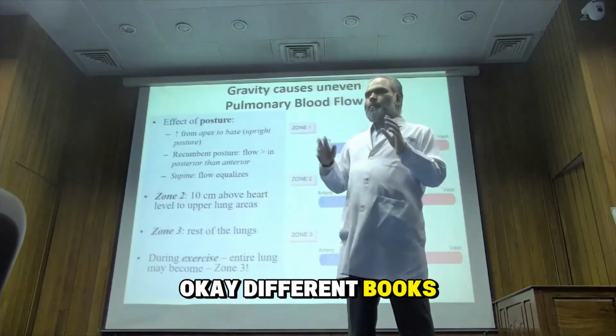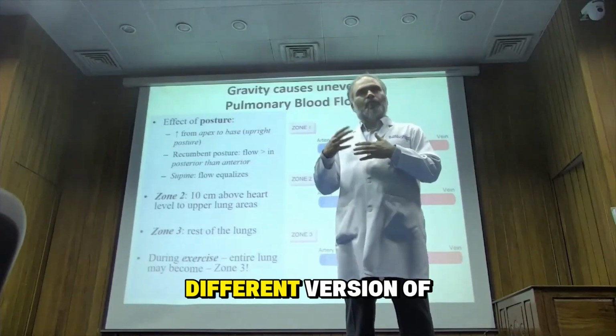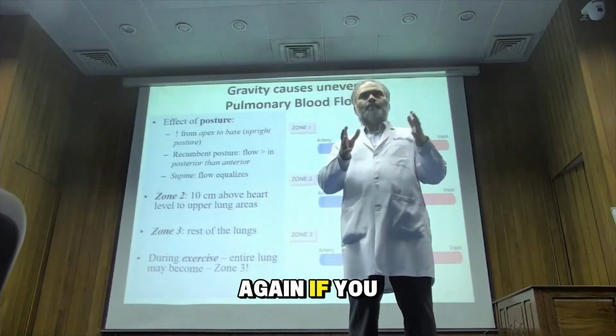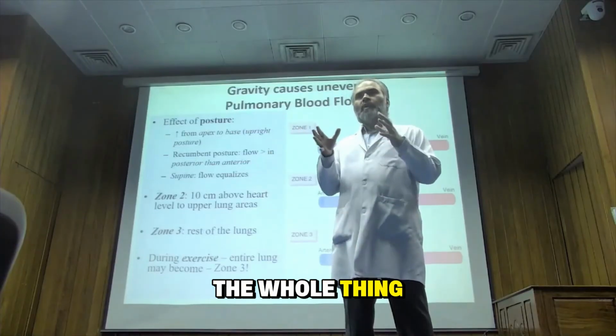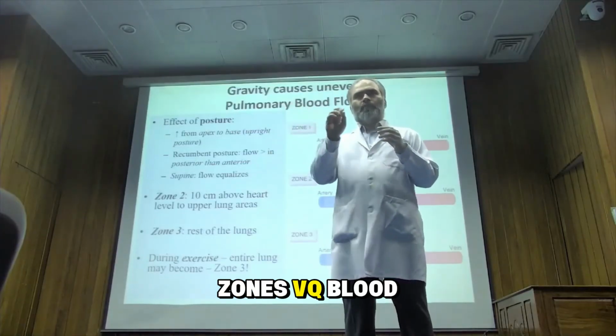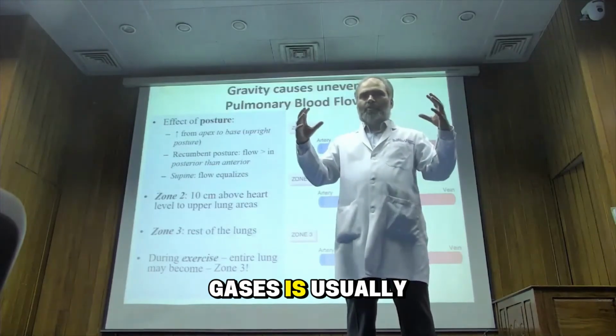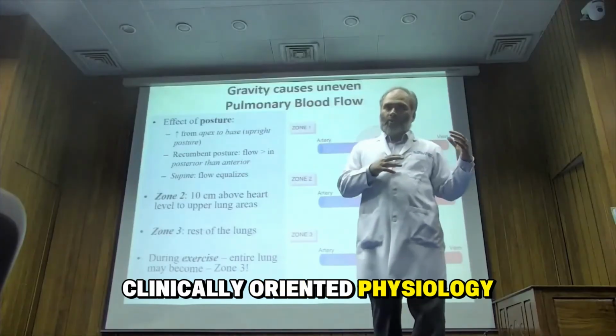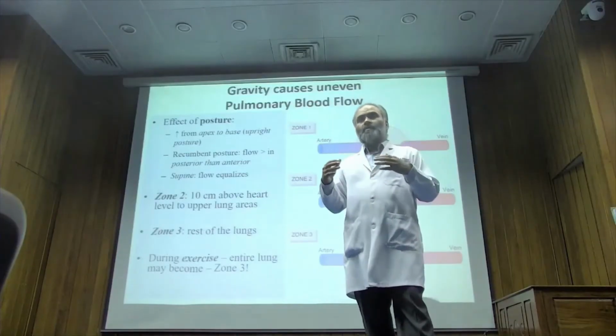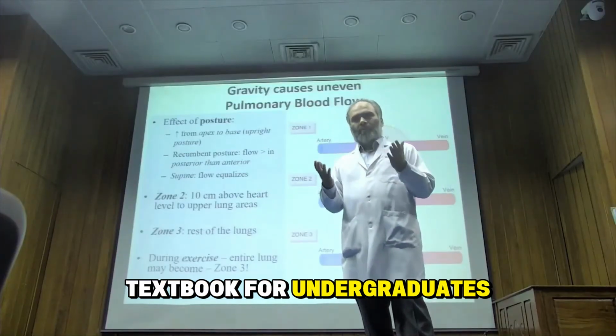Okay. Different books may present a different version of this. Again, if you stray from Guyton, look at some other books, the whole thing, zones, VQ, blood gases, is usually discussed in the same go. The more clinically oriented physiology books. Okay. However, that is a basic textbook for undergraduates.